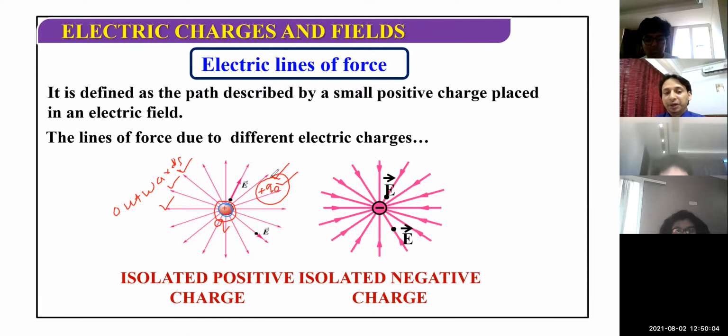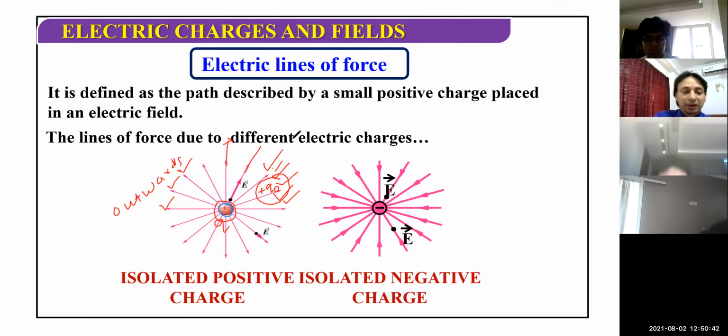Then your answer will be this Q naught charge will move in the direction of electric field intensity. So the direction of the force will be outward, and the direction of the force is the same as the direction of electric field intensity. So remember, students, please note down somewhere, if you place a Q naught charge in the field produced by a positive charge body, that Q naught charge will move in the direction of electric field.